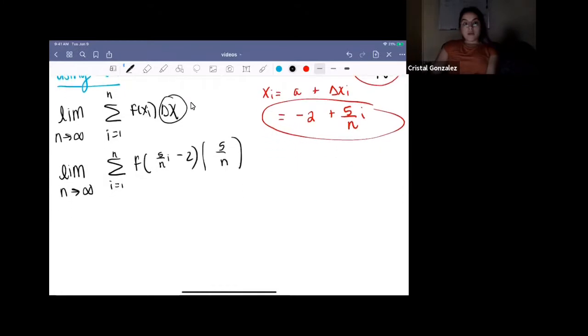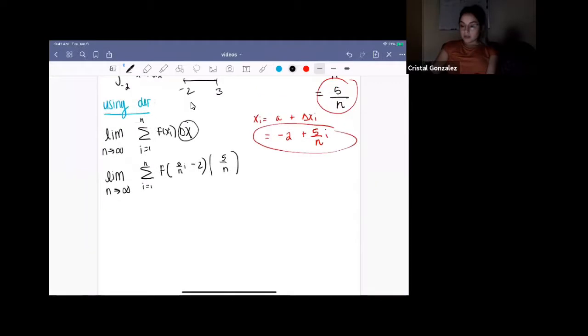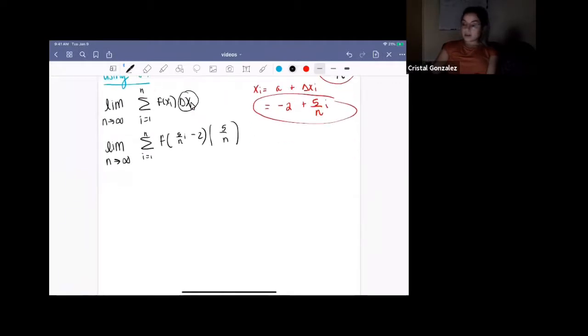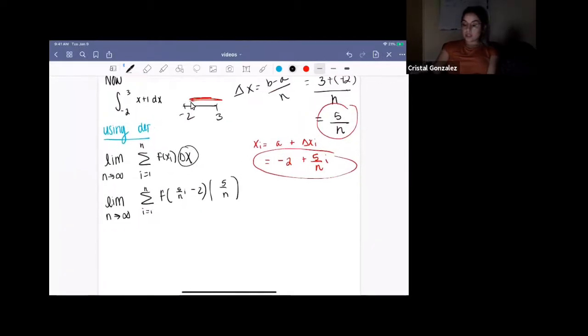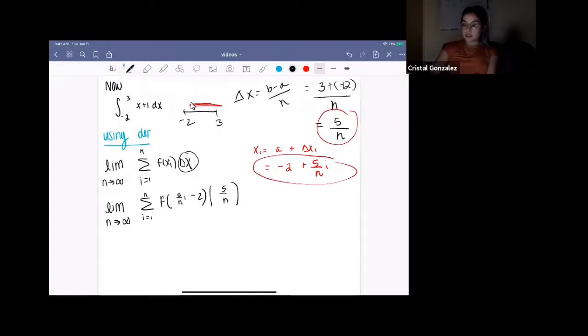And now we're going to plug this into our function, and our f of x here is x plus 1.